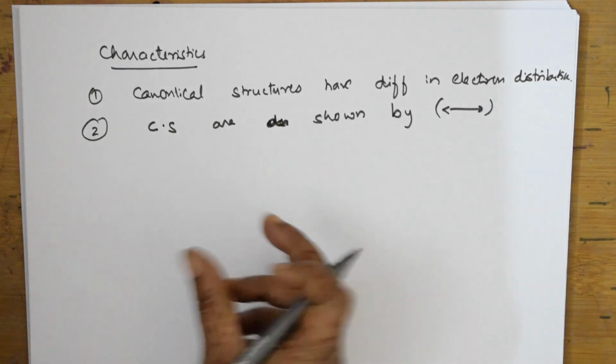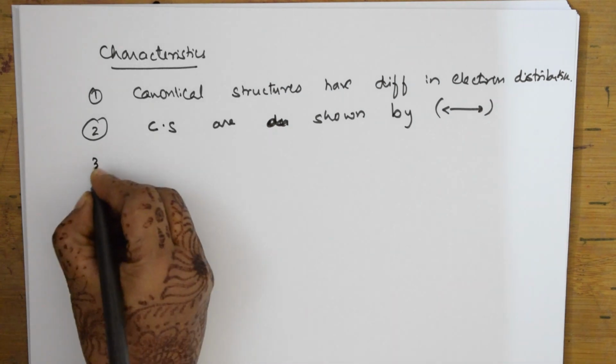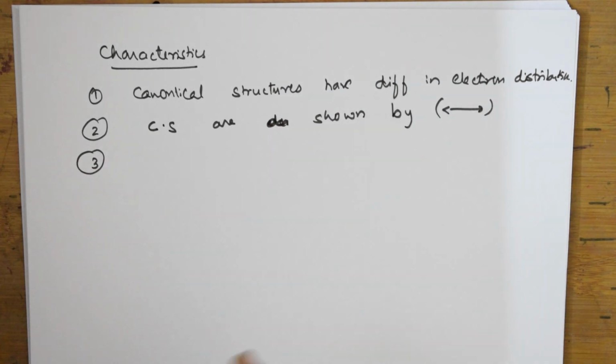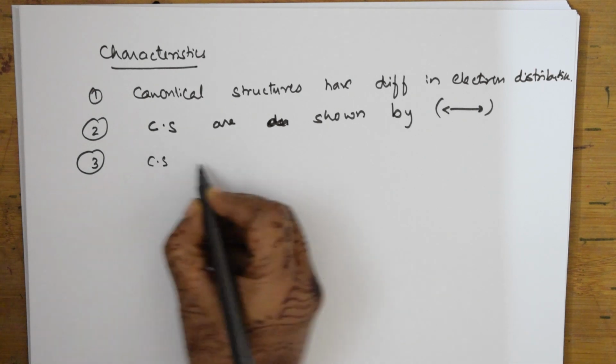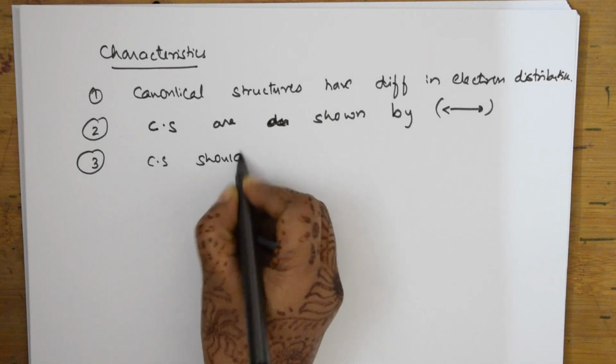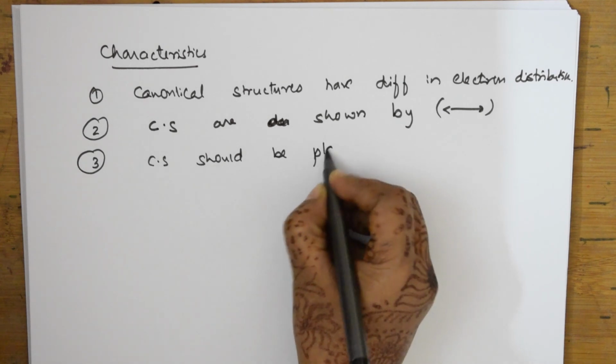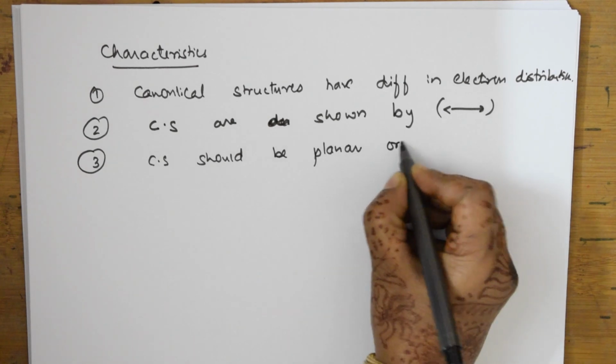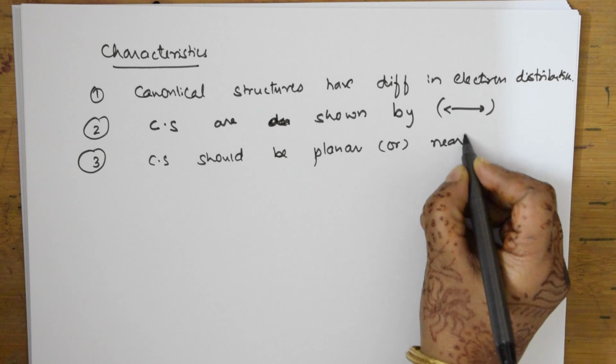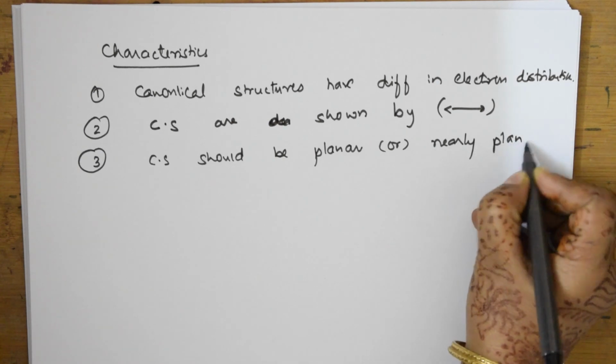One canonical structure is linked to the other by a double-sided arrow. Also, canonical structures should be planar or nearly planar.